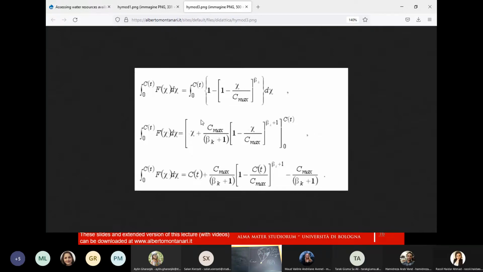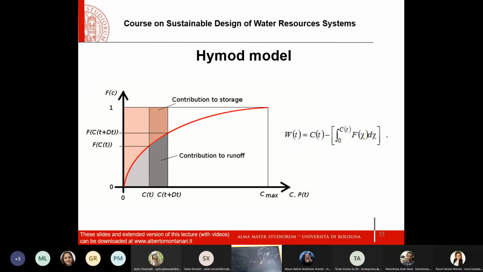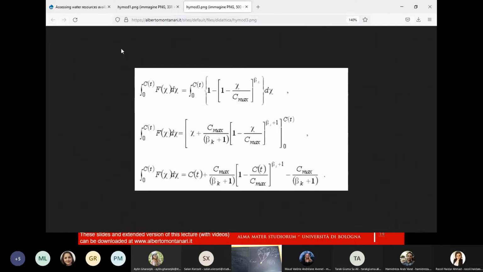I go back, just 1 second, in my presentation. What is the way to compute the storage? Ct minus the integral. I have the result of the integral. Let's give the minus sign to the result of the integral, and let's add Ct, okay? Now I go back here, sorry, and let's move forward.